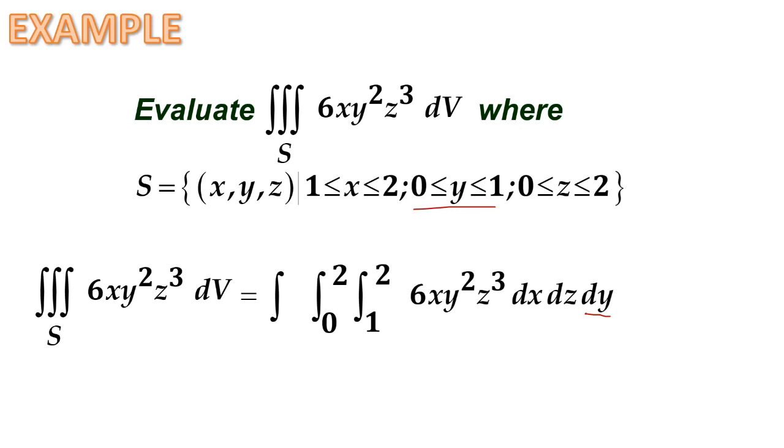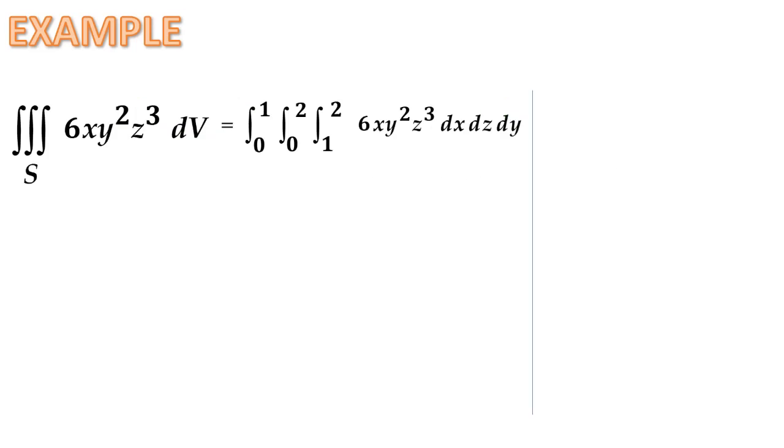And lastly, for y, we have the values from 0 to 1. Hence, this is the iterated integral of the triple integral given in this order of integration.